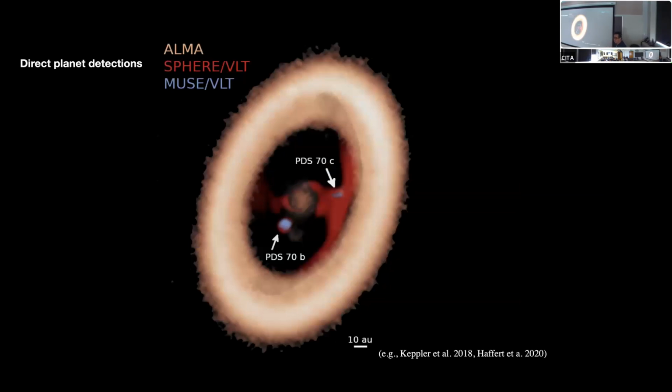In some cases, we know these are planets. Yeah, the most classic case and the only case so far, I would say, is PDS 70. This is a composite image looking at ALMA here. You have SPHERE, so scattered light in the infrared, the VLT, mid-infrared. And also you have UV radiation probably tracing H alpha from accretion.